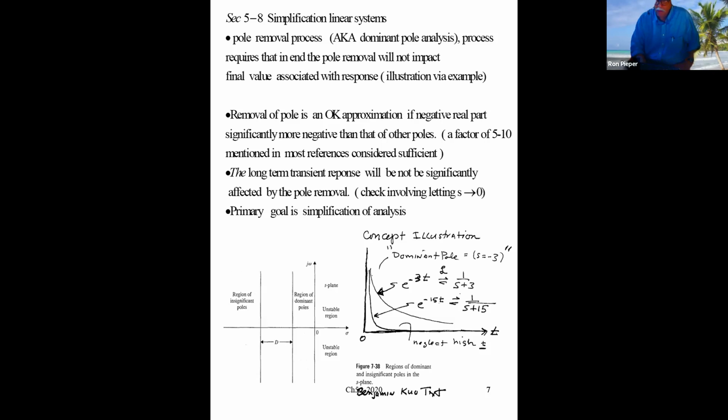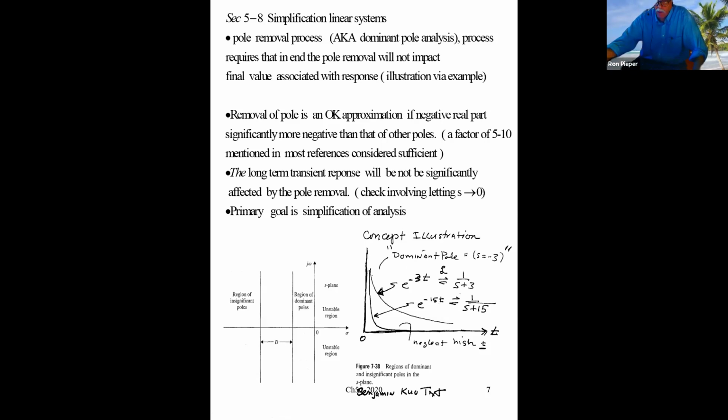And hypothetically in this scenario, you had some linear combination of solutions, one which went as e to the minus 3t, leaving off the u of t part, and e to the minus 15t, again leaving off the u of t part. And we know if we actually went to the computer and sketched these out, the one with the minus 15 as the coefficient in the exponent would decay much faster than the one with the minus 3t.